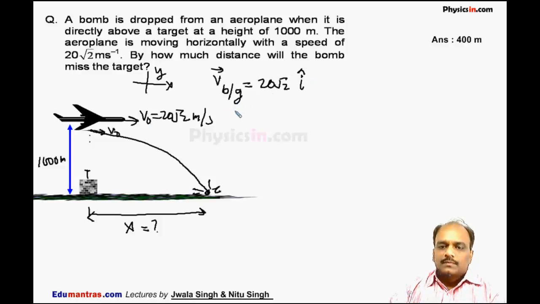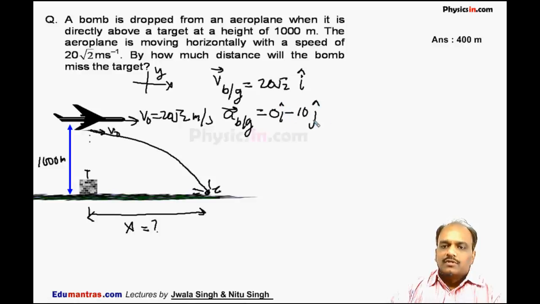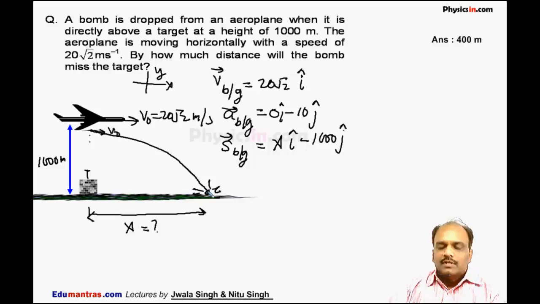In the same way, the acceleration of bomb with respect to ground, the horizontal acceleration is 0 and the vertical acceleration is minus 10 j cap, that is g, 0 i cap minus 10 j cap. The displacement of bomb with respect to ground: the horizontal displacement I have assumed to be x, it is x i cap, and vertical displacement is minus 1000 j cap. So this is the displacement of the bomb when it will strike the ground.